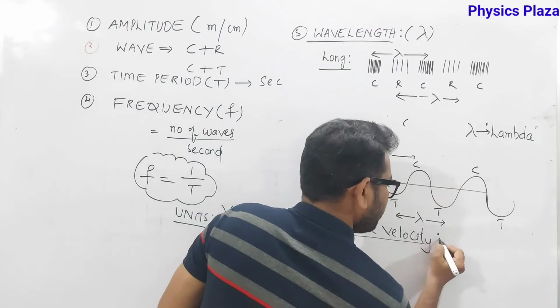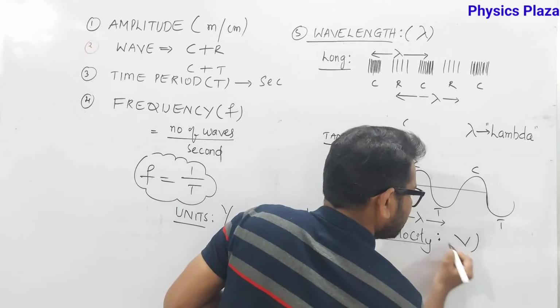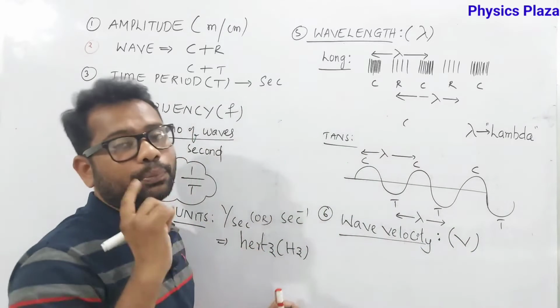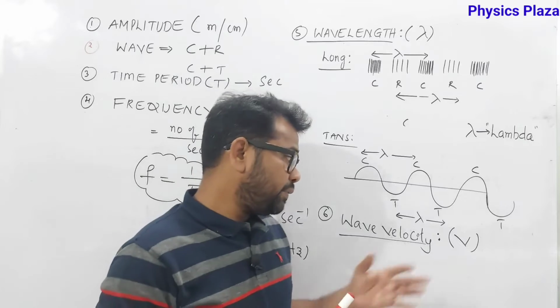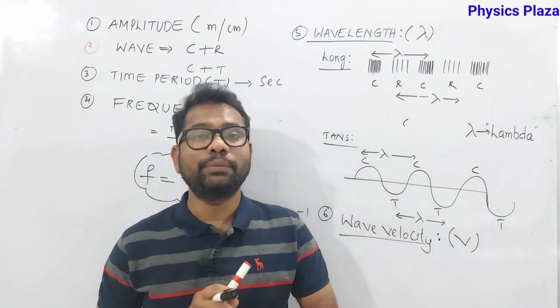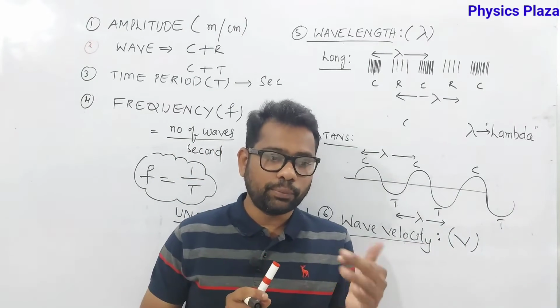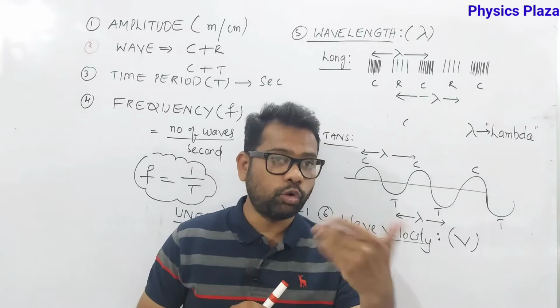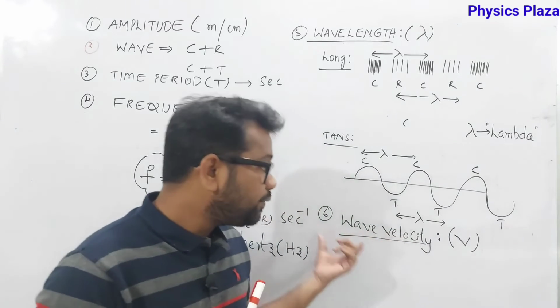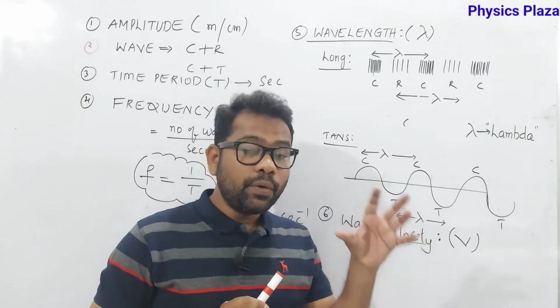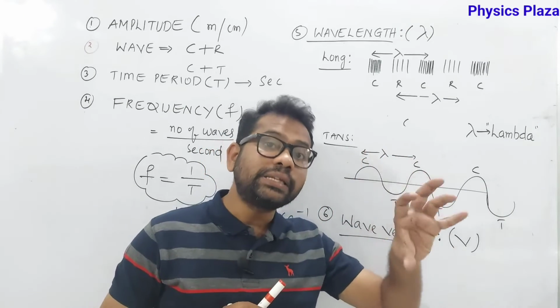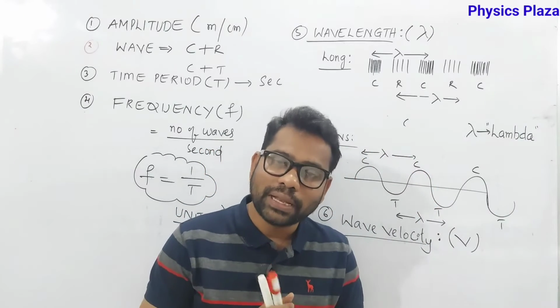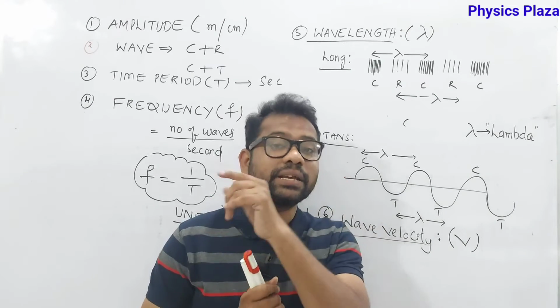Wave velocity can be represented with the letter V. The very important thing is that wave velocity can differ from medium to medium. If the wave is moving from air to glass to water, definitely wave velocity will differ. So wave velocity depends on the density of the medium.